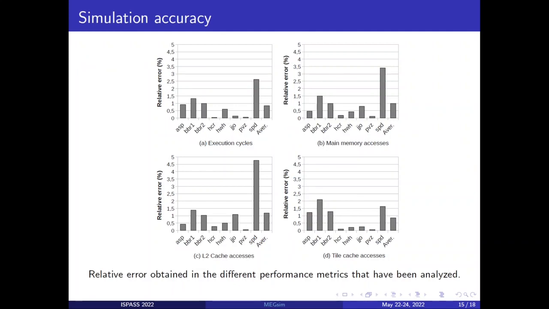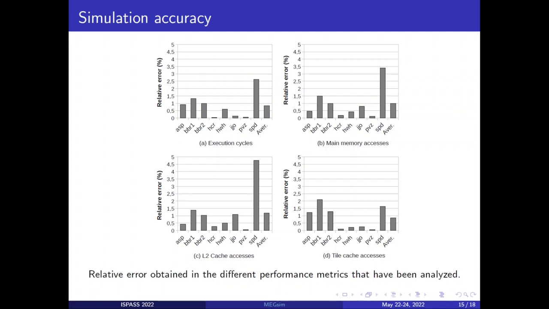On the other hand, regarding the accuracy, here we can see how we were able to characterize the full simulation of a video sequence with a small subset of frames, also with a negligible error. For the sake of space, we focused our analysis on 4 key performance metrics: the total number of cycles, the number of accesses to main memory, the number of accesses to the L2 cache, and the number of accesses to the tile cache.